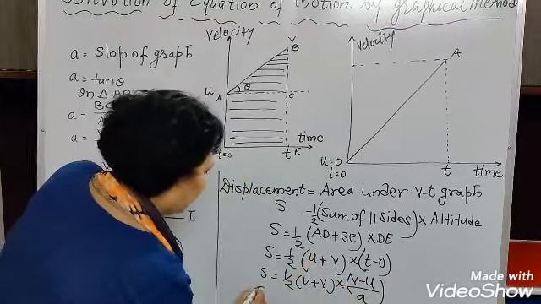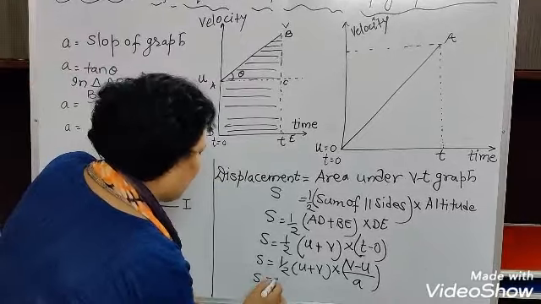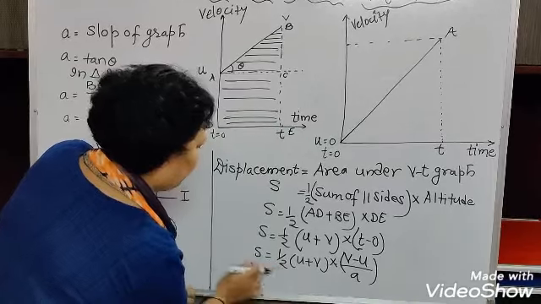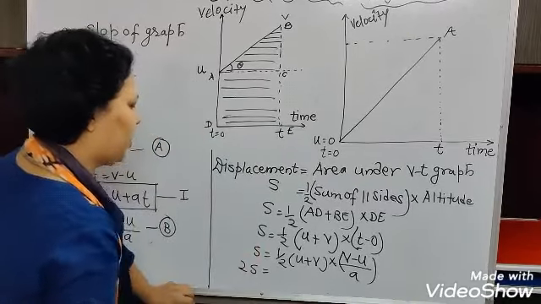So s is equal to half times u plus v times v minus u upon a. This half I am taking to this side, and the 2 will come on this side, so this will become 2s.